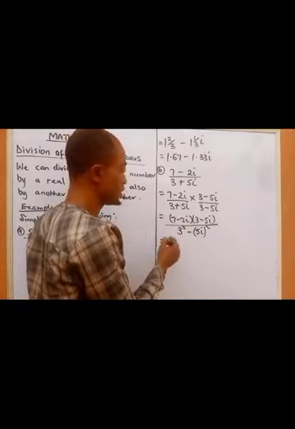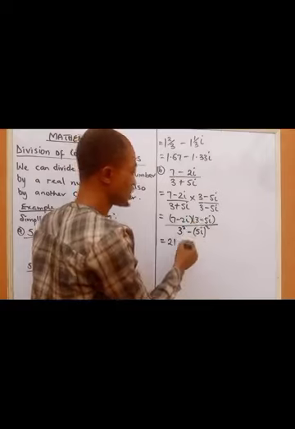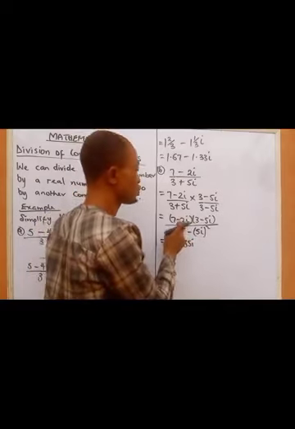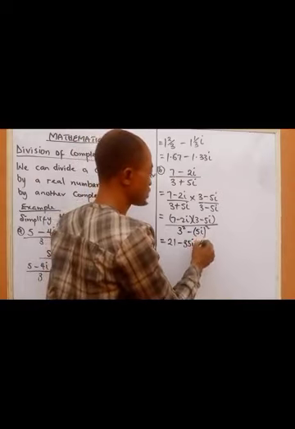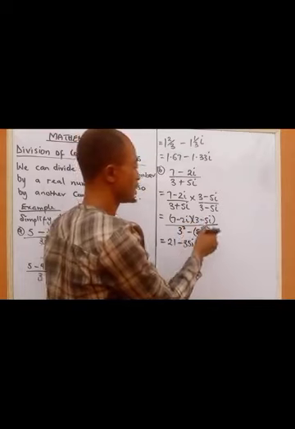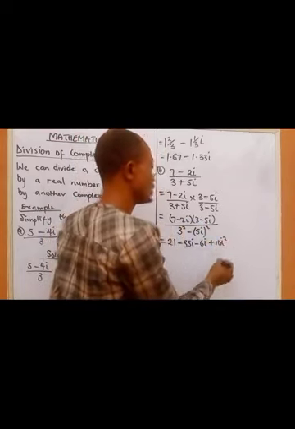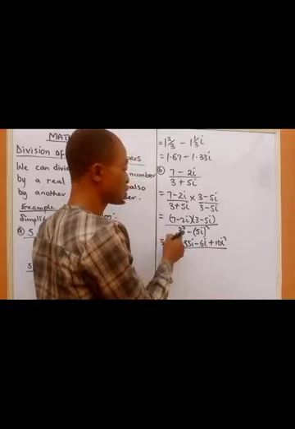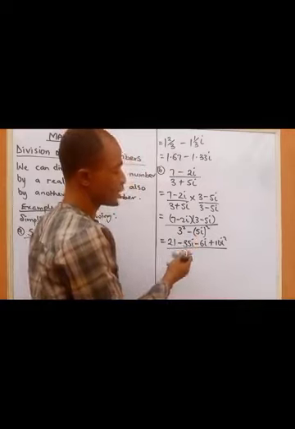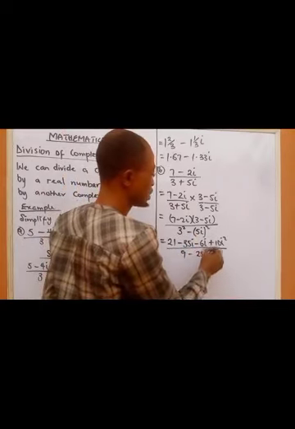So that means let's open the bracket on top. 7 multiplied by 3 will give us 21. Then 7 multiplied by minus 5i, that's minus 35i. Then minus 2i multiplied by 3 will give us minus 6i. Then minus 2i multiplied by minus 5i will give us plus 10i squared. Over 3 squared, 9, minus 5i squared, that will give us 25i squared.